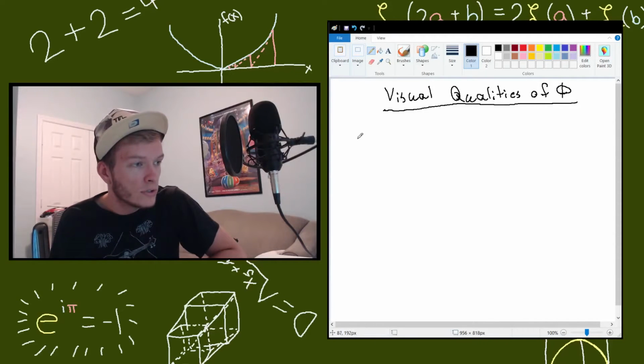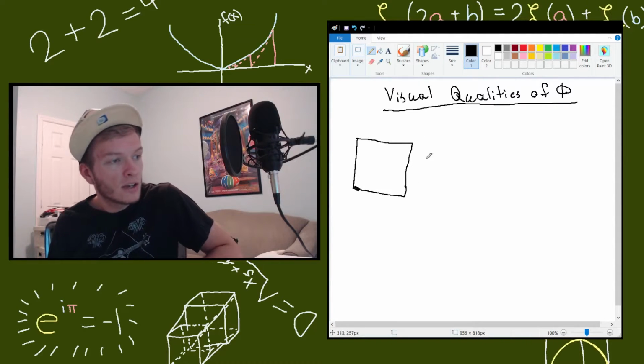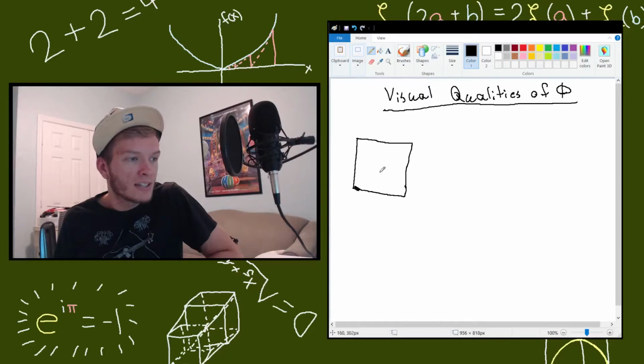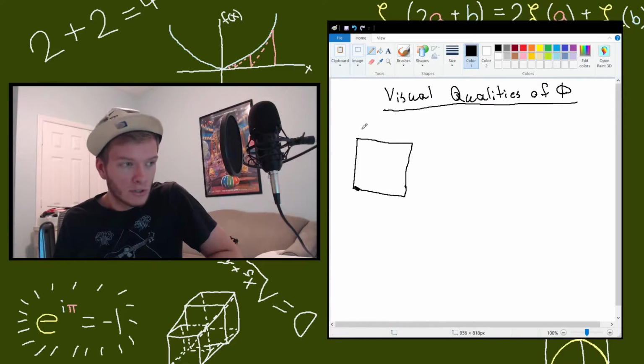So basically what you can do is you can draw a square, and I'm probably going to draw a pretty bad square. I'm going to cut this off so that it's an actual square. And we'll erase that. What you can do is then multiply the sides of this by your 0.618. So this is like the 1, and then your 0.618 over here. And then you go like that, and pretend that's a square.